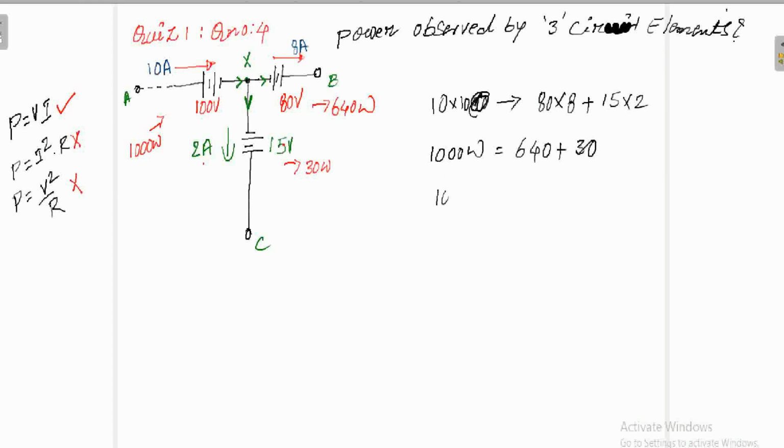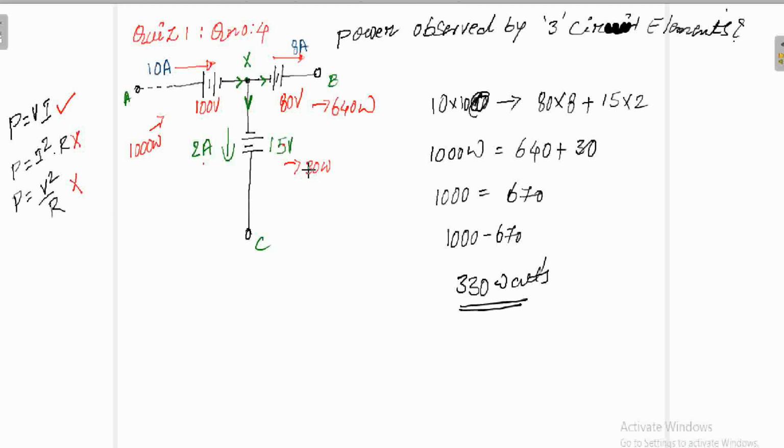So 1000 is equal to 640 plus 30, that is 670. Just subtract. 1000 minus 670 becomes 330 watts. So the power absorbed by the three circuit elements is 330 watts.